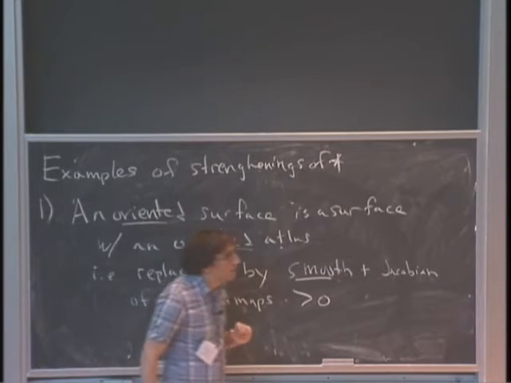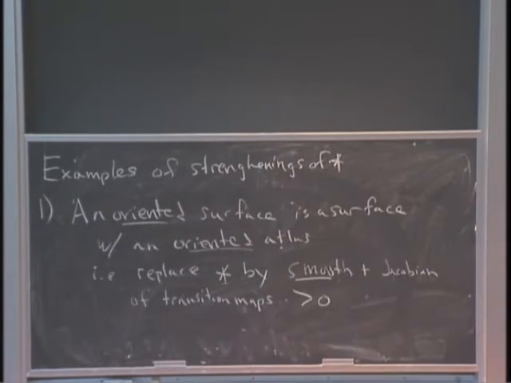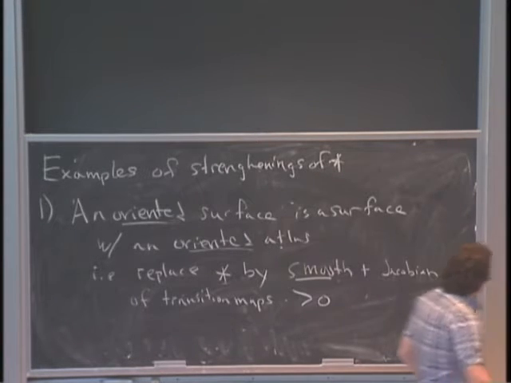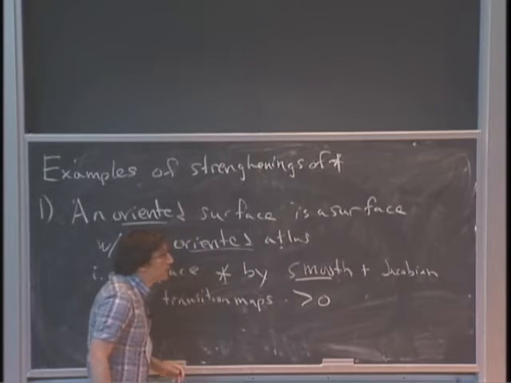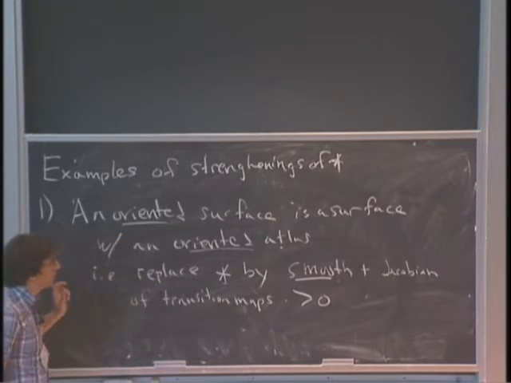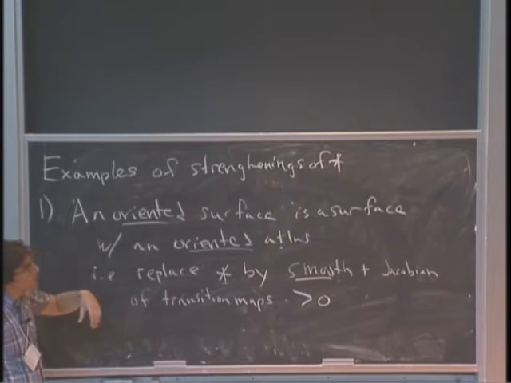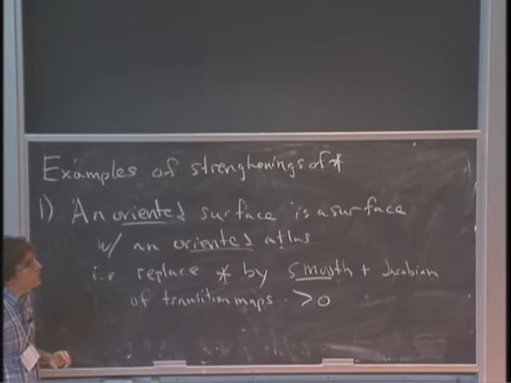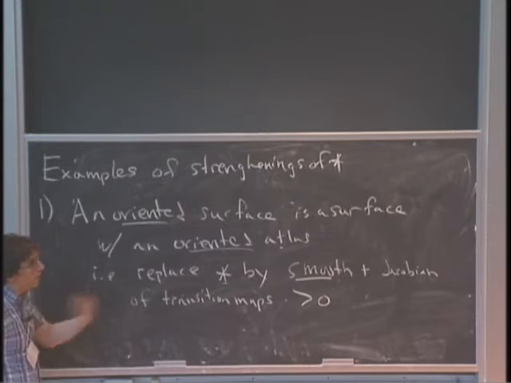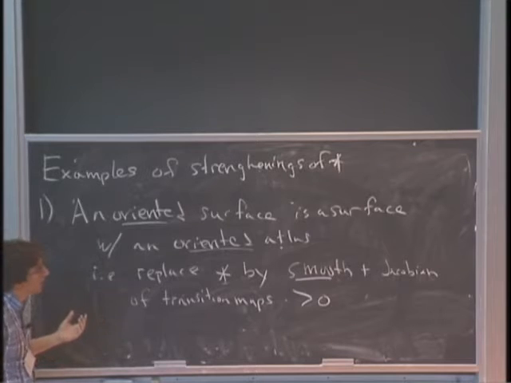The example is that the Mobius band does not have an oriented atlas. You should convince yourself of that. On the other hand, and this is a little more subtle, it's much easier to have inequivalent atlases. I'll sketch a proof of this later. It turns out that if you have one smooth atlas, then essentially all the smooth atlases are equivalent.